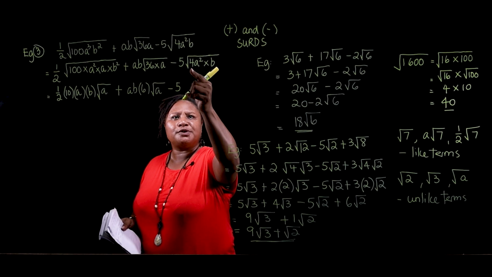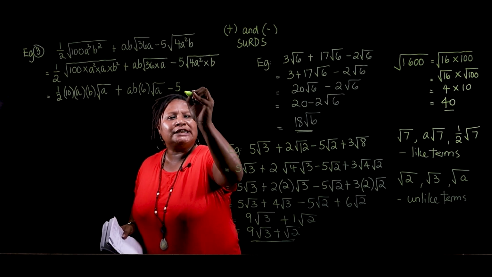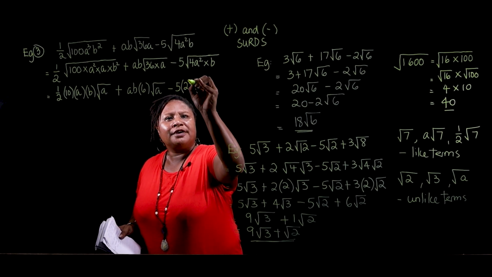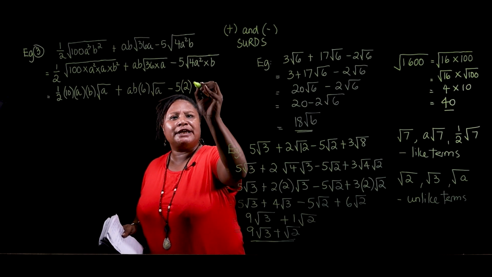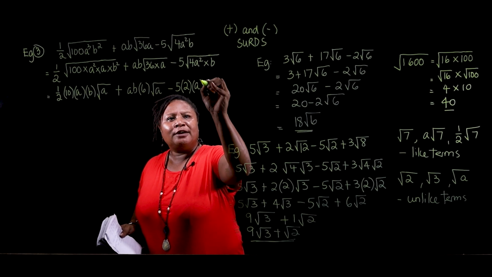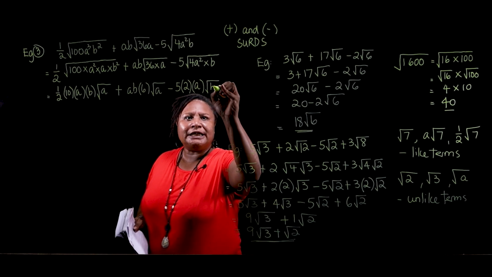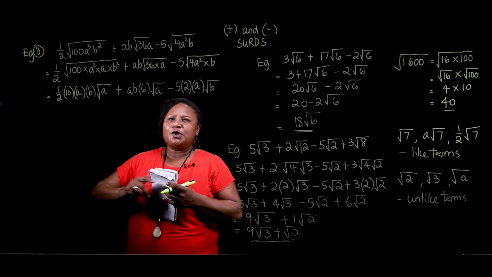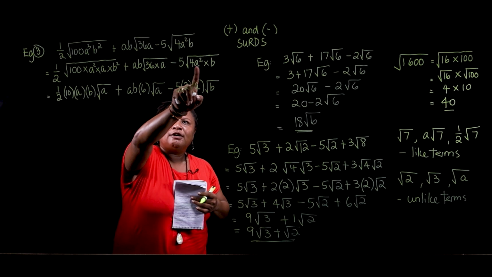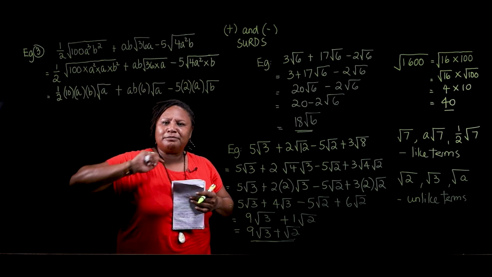All right? So the root of 4 is 2. The square root of a squared is a. And what's left under the radical sign is root b. Okay? So we've simplified all the numbers here that can be simplified.